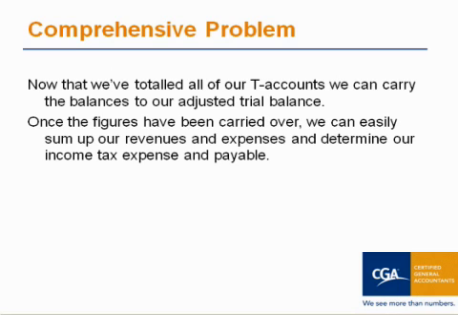So now that we've totaled all of our key accounts, we'll carry over those balances to the trial balance. And once the figures have been carried over, we can easily sum up our revenue and expenses and determine our income tax expense and payable, and then make the posting to those key accounts.